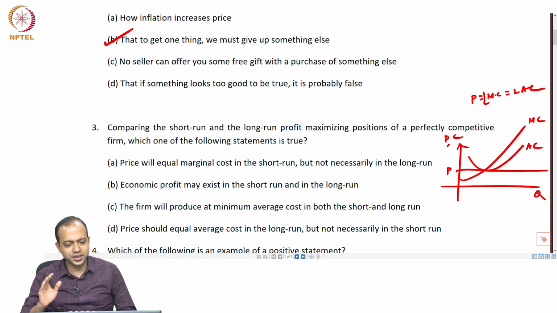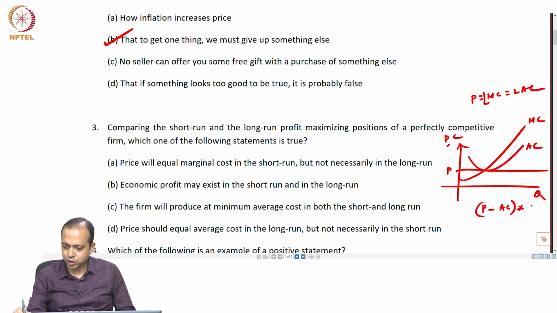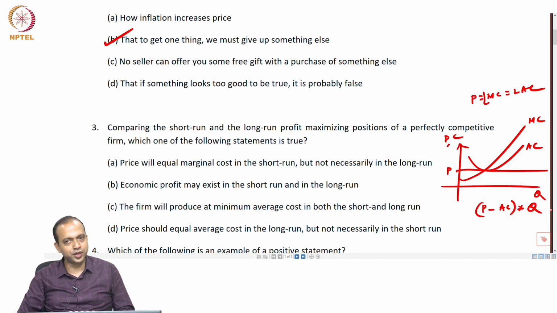Economic profit may exist in the short run and in the long run. If you look at P equals LAC equals LMC, how do we calculate economic profit? P minus AC times Q, that is how we have defined profit, the difference between P and AC.